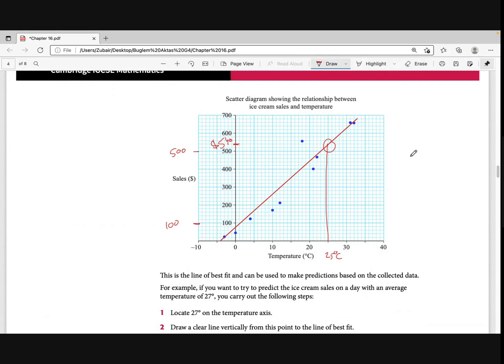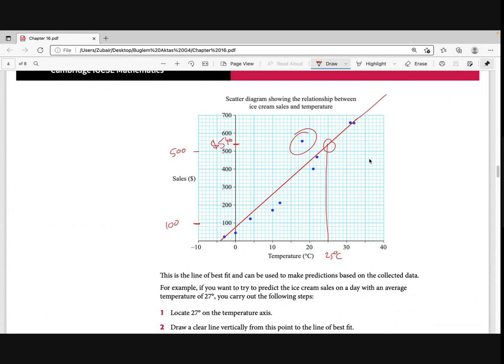What about the data that is above the line? I mean above the line, as in the blue dots that are above the line, like that one.